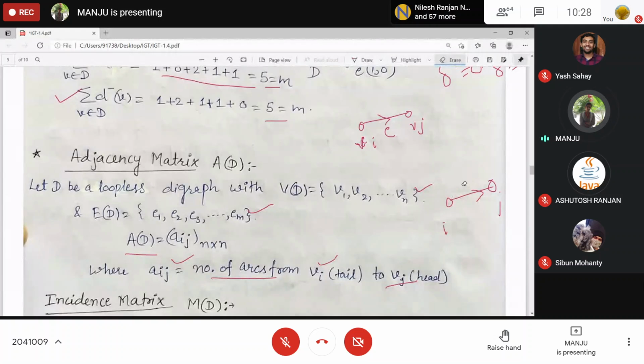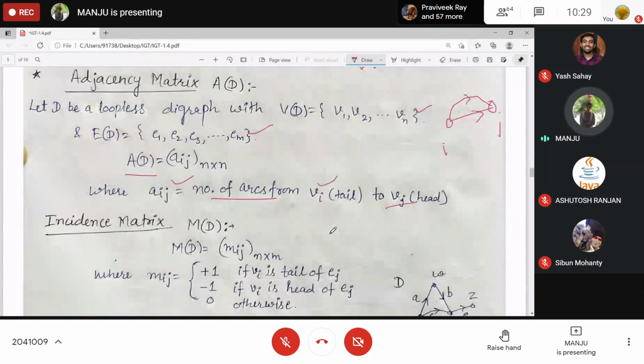This has to be the same pair of vertices, because we are talking about the number of arcs from Vi to Vj. Clear? How many are going. So if there is some k, then Aij will be k. Got it?